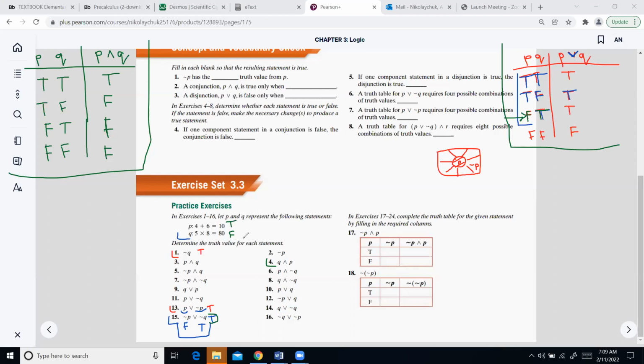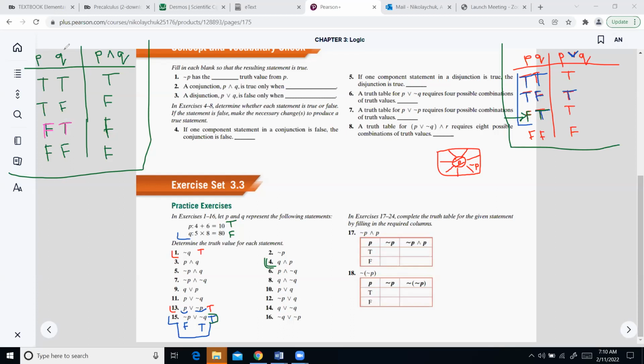P was true. So if I put Q first, which is false, that is going to be my row here, that starts with a false for Q, and then true for P.